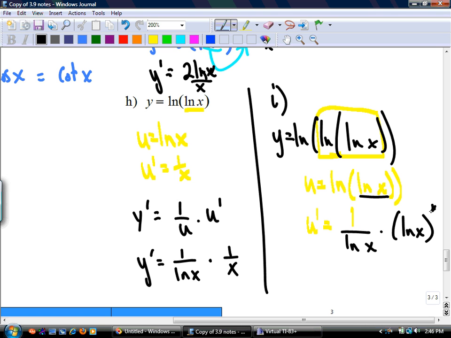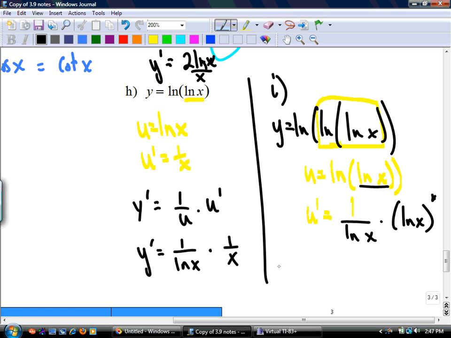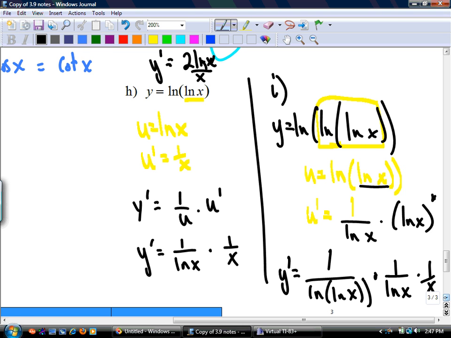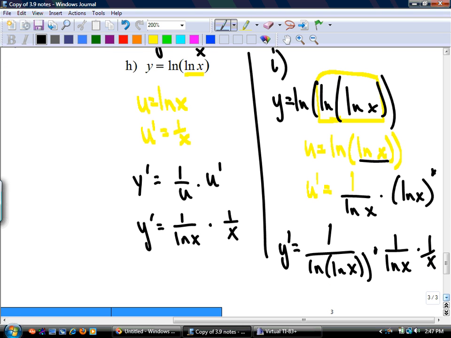That's a tick. So I don't know if I like the way I wrote that, but its derivative is y prime equals 1 over ln of x times the derivative of ln of x. Well, that's 1 over ln x times the derivative of ln x. What freaks you out as I go from that line down to that line?